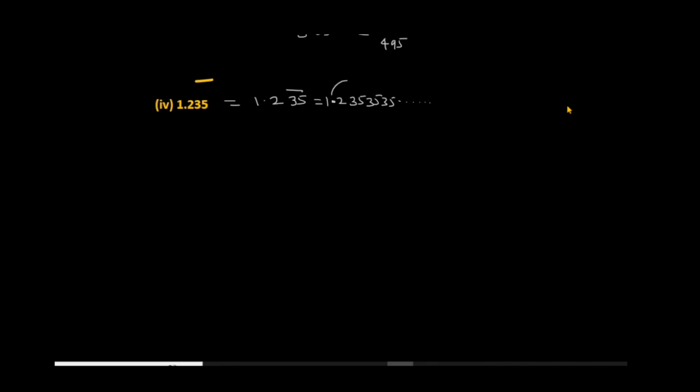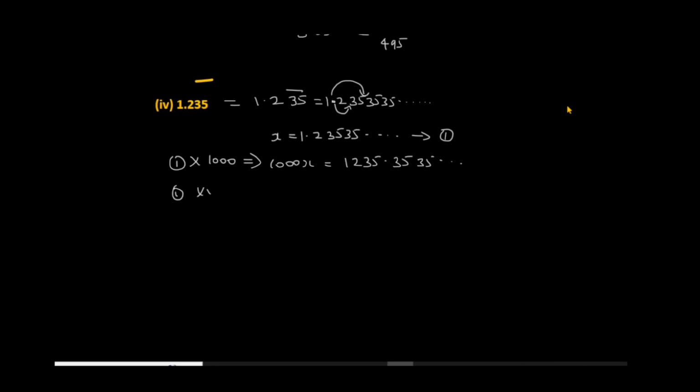So the decimal part should move 3 digits here and 1 digit here. So x is equal to 1.23535 etc. is the first equation. Making our decimal parts the same, we multiply the first equation with 1000, so 1000x is equal to 1235.3535 etc. Then again we multiply the first equation by 10.